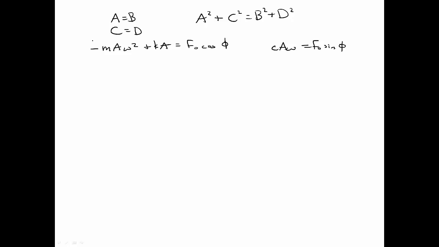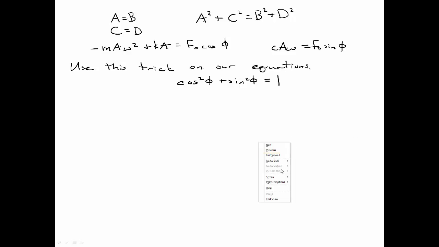I want you to use this trick on our equations. When you are cleaning up, you should come to the point where you have cosine squared plus sine squared. Remember, cosine squared plus sine squared equals 1, so you can clean it up. Try out this trick. This is going to help us find the amplitude.